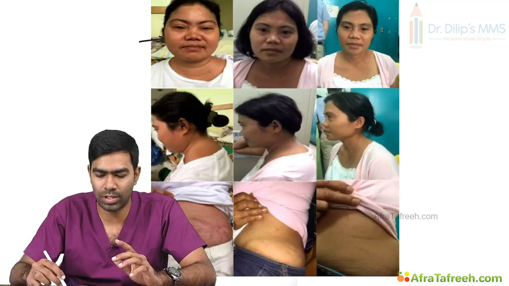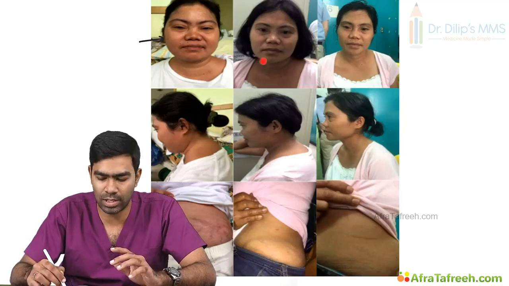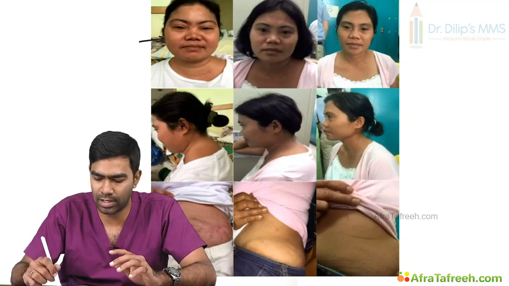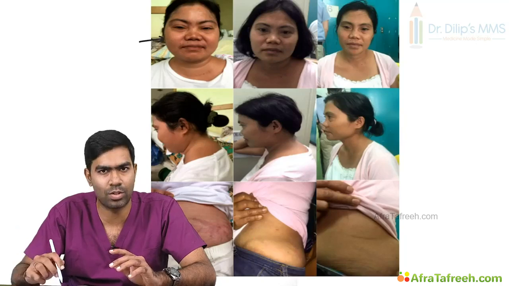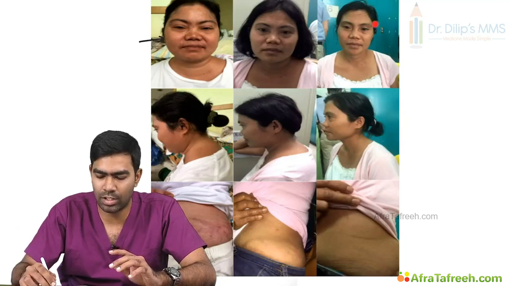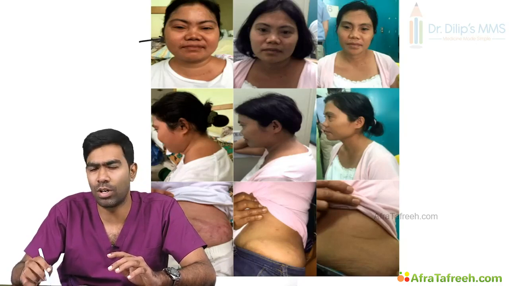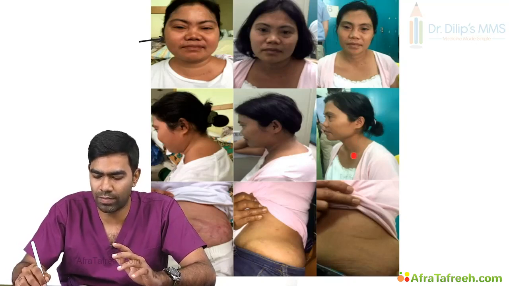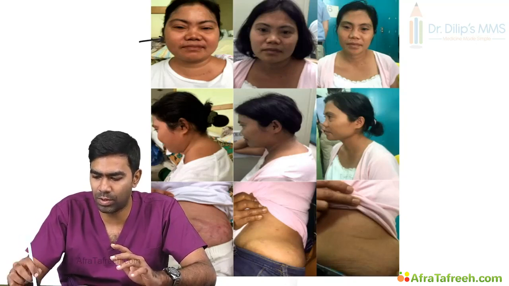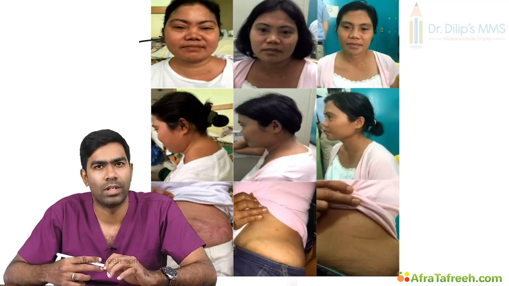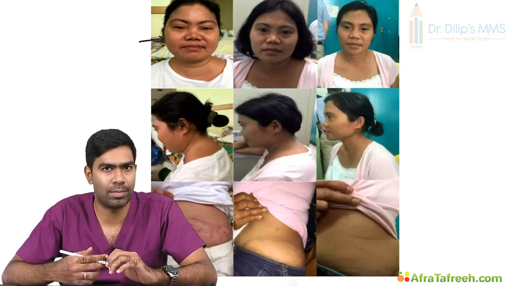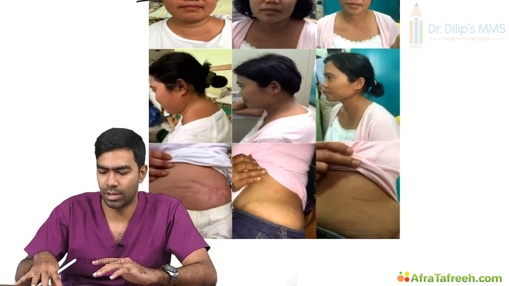Once the tumor was resected, at 3 months, you can see an obvious decrease in the size of the face and decrease in the buffalo hump. The striae start to disappear. And at 6 to 12 months after treatment, you can see the patient regained her normal looks in comparison to the old photos, and there is no dorsocervical fat pad or buffalo hump, and absolutely no striae. So all these things are completely reversed because of the treatment, that is transsphenoidal surgery in this particular patient.